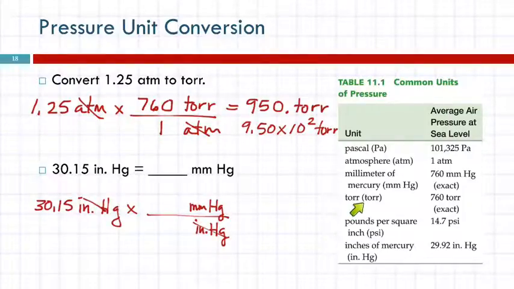I go over here, 760 millimeters of mercury is equal to 29.92 inches of mercury. So then you get out the calculator, 30.15 times 760 divided by 29.92.